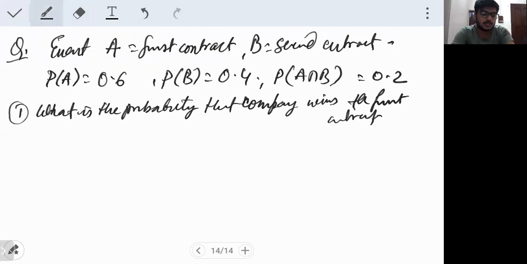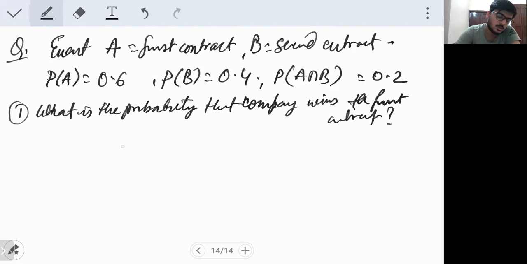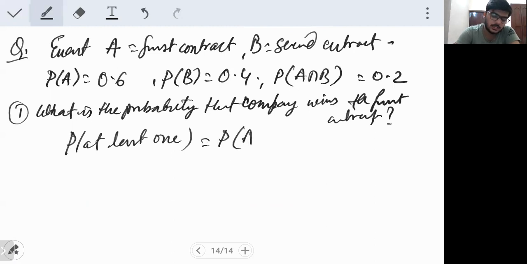How to define that probability? This will be equal to probability of A union B. So the probability of getting at least one is equal to probability of A union B, right? So at least one means A union B.